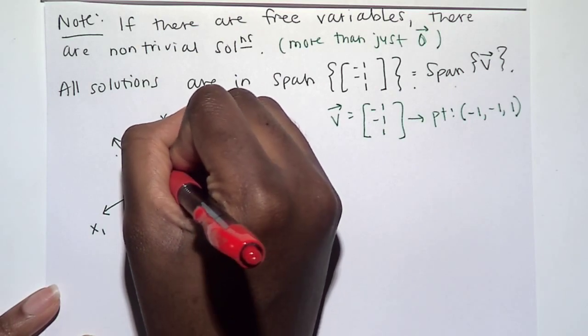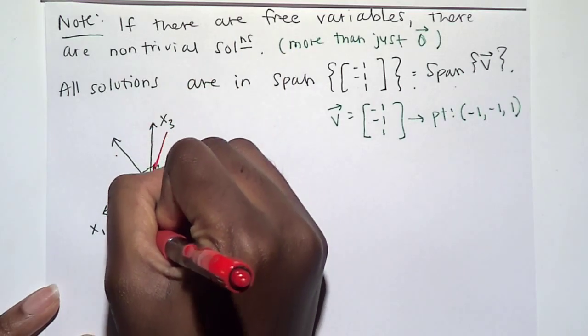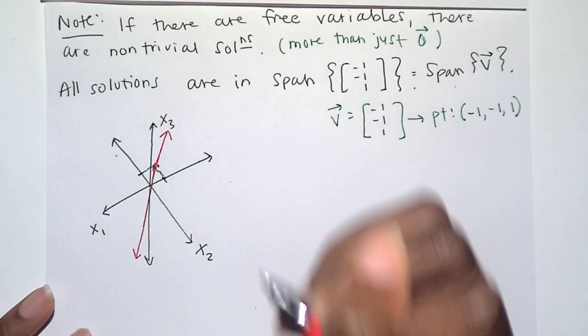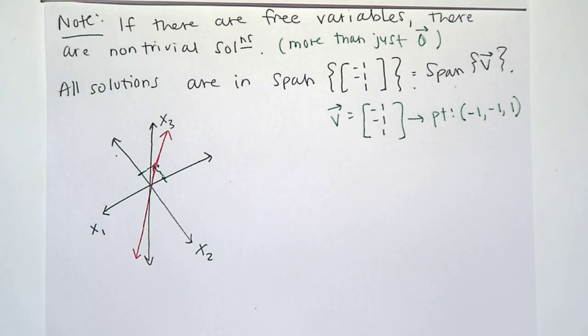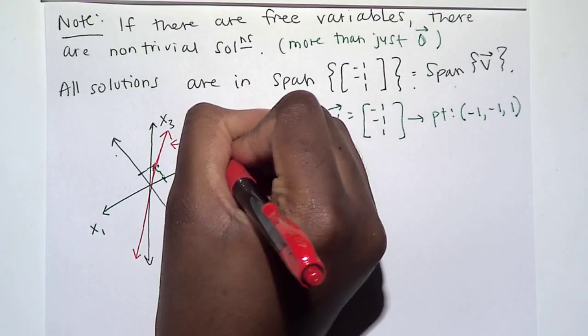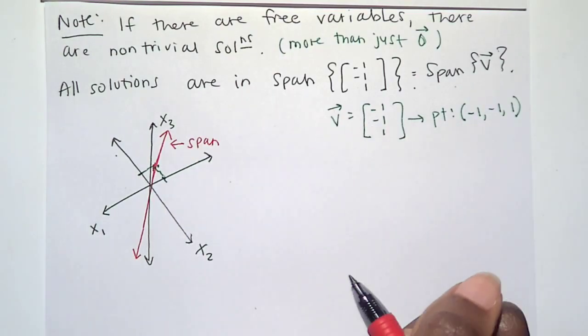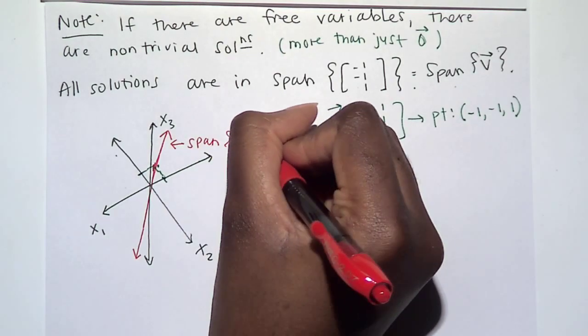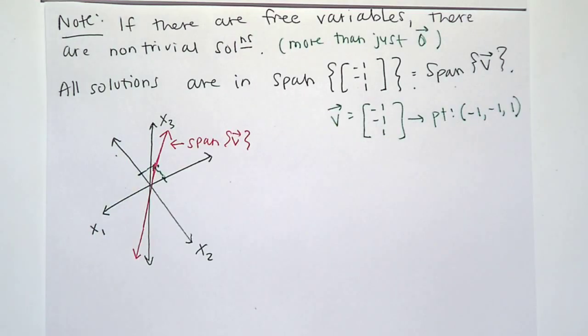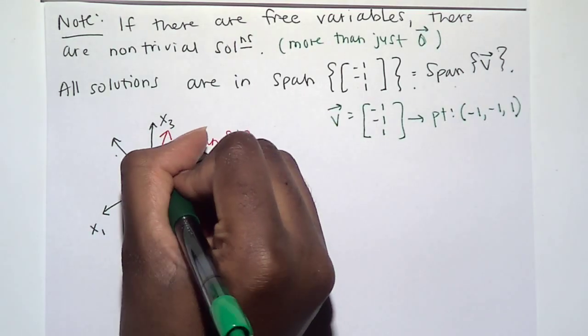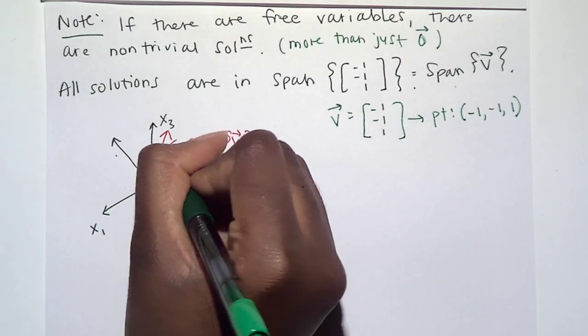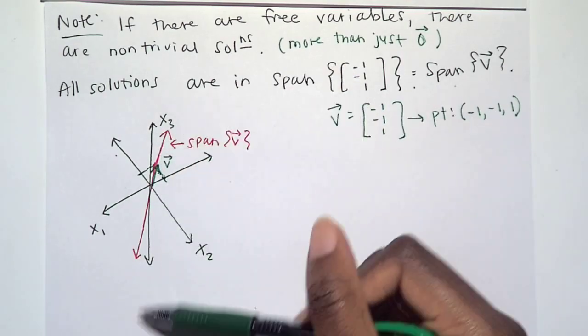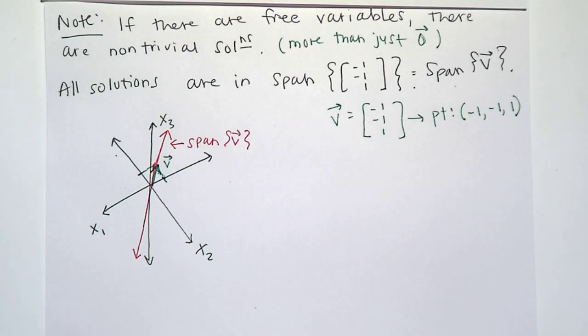So everything that goes through that point is going to be in the span. So if this was my V, if I continue the line in all directions, that is the span of V. So everything on that line is going to be a solution to our homogeneous system.